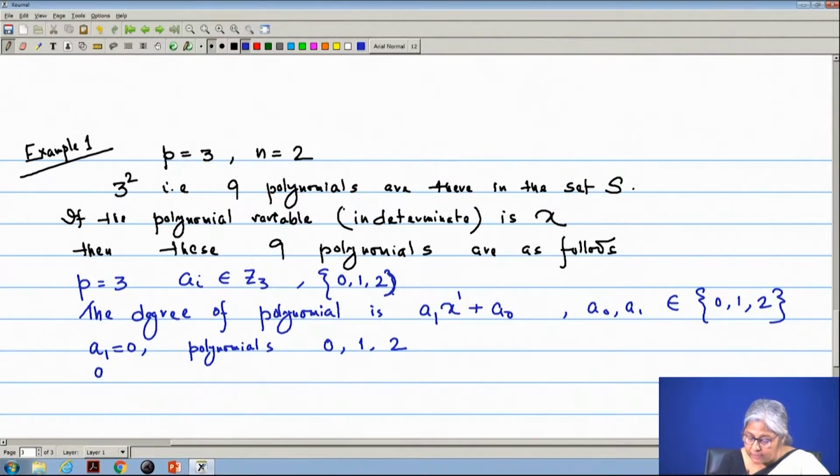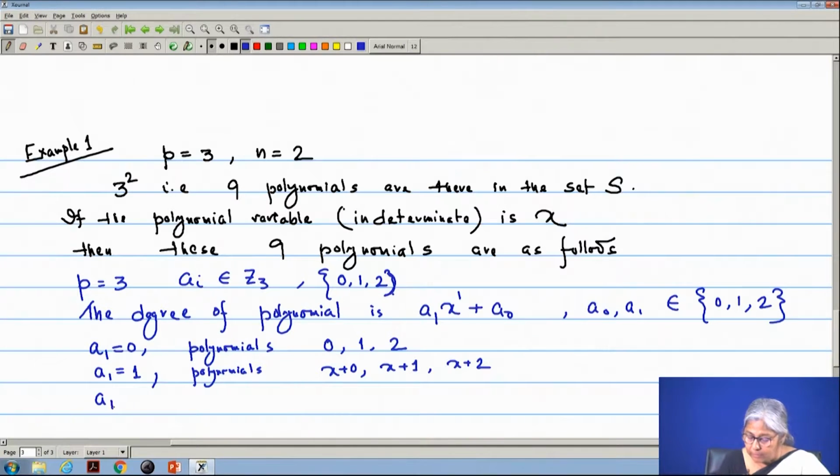Now, if a1 equal to 1, we get the polynomials x, because 1 into x is x, so x plus 0, x plus 1, x plus 2.